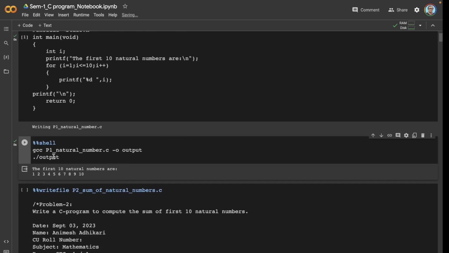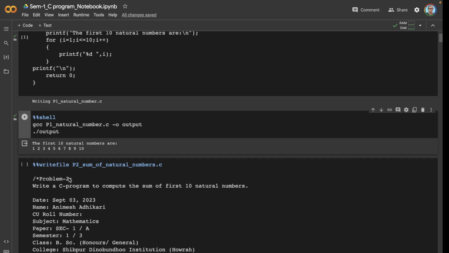So this is for compile and run: double percentage cell gcc file name .c -o output, and next line ./output. Then the output is this: first 10 natural numbers are these: 1 2 3 4 5 6 7 8 9 10.